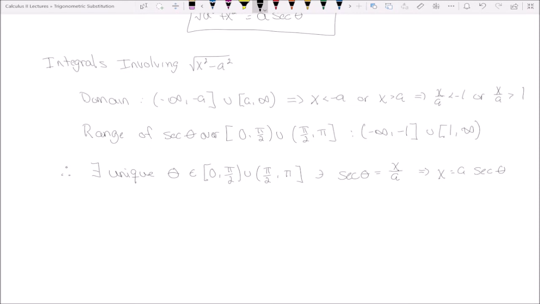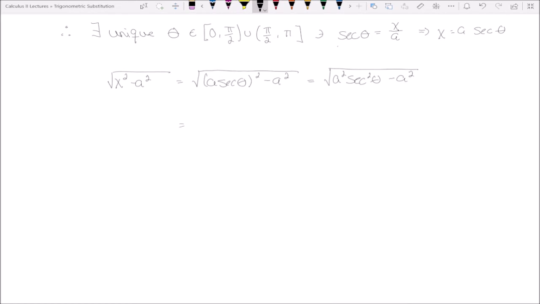So that's why we can conclude this down here. If we now look at the square root of x squared minus a squared, x is a secant theta. Expand that out. We get the square root of a squared secant squared theta minus a squared. Factor out that a squared.